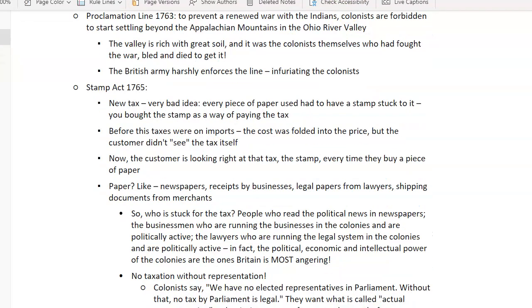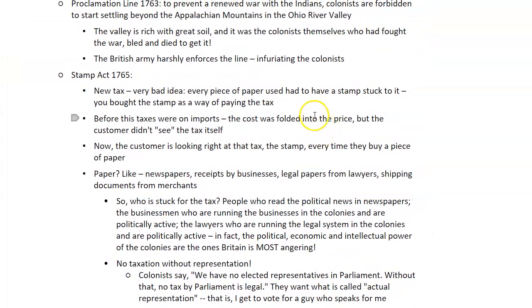The new tax, I always tell classes, was a really dumb idea. Why? Every piece of paper used had to have a stamp stuck to it. You bought the stamp as a way of paying the tax. Before this, taxes were on imports, tariffs.